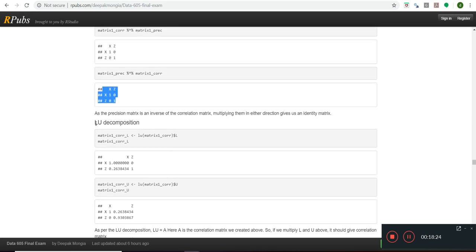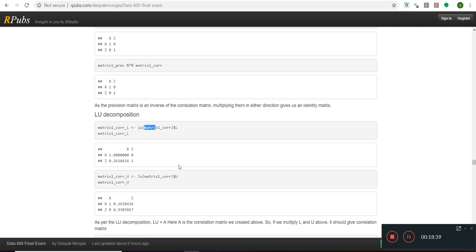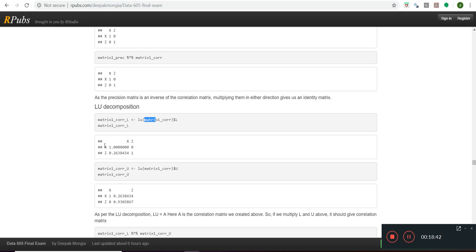Now we'll use the LU decomposition. So basically we are doing the LU decomposition on the correlation matrix that we used above. So L comes out to be this, and then U comes out to be this.